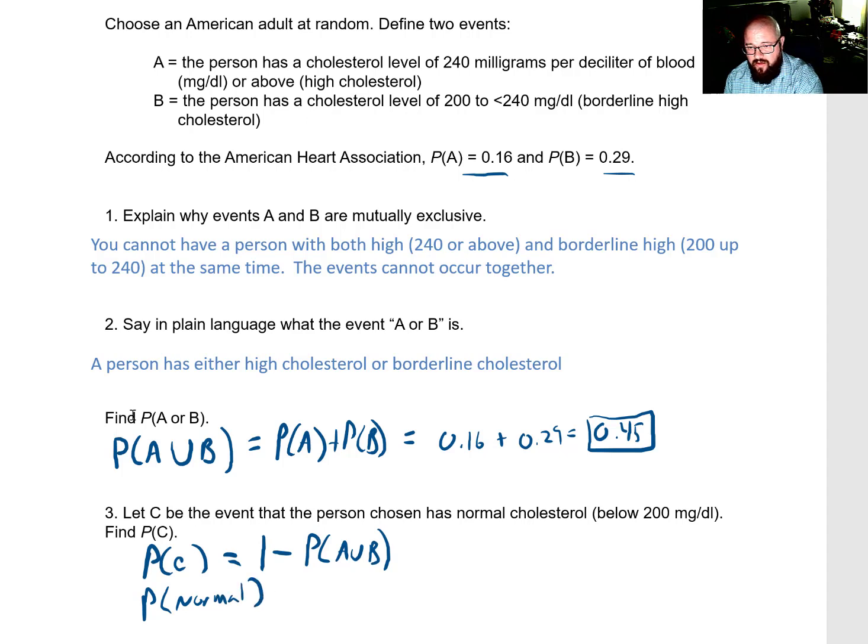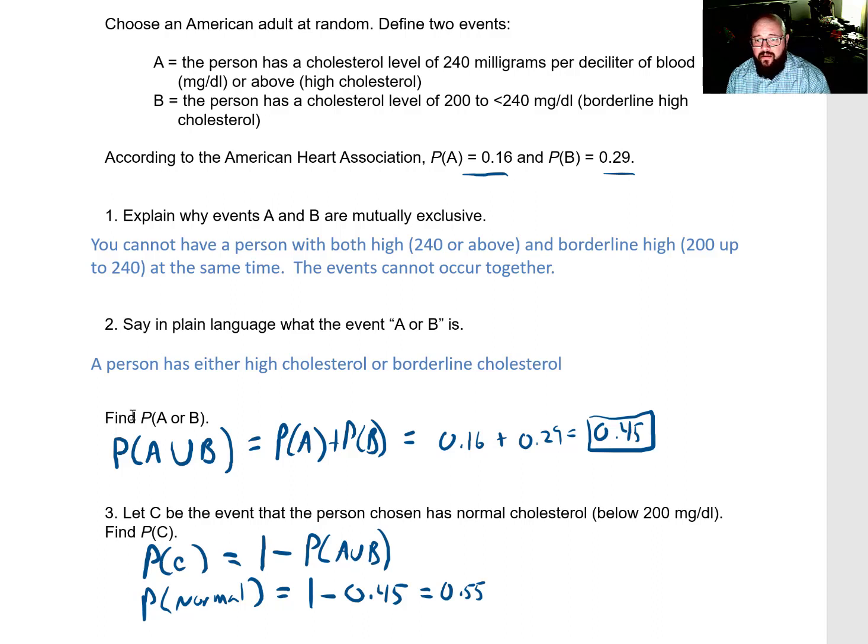So the probability of being normal cholesterol is equal to 1 minus, and we already calculated this as 0.45, and that equals 0.55. And this is saying that the probability of having normal cholesterol is 0.55, so a 55% probability of having normal cholesterol.